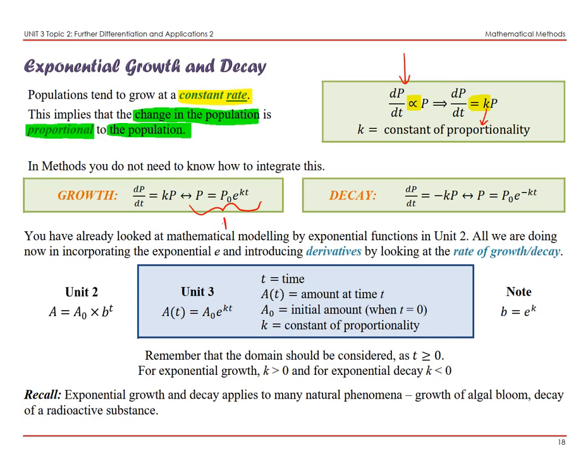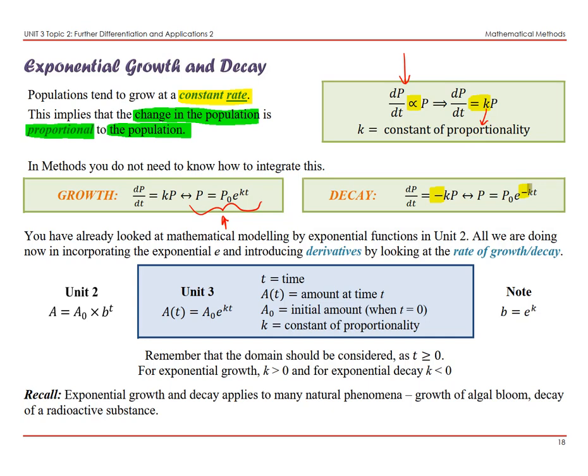So that's what I have there. You just need to know that relationship. Now that's for growth. What about decay? The only difference with decay is it's a negative rate. It's decreasing over time, so my constant is negative. The formula is similar, but again, with that negative in the power.